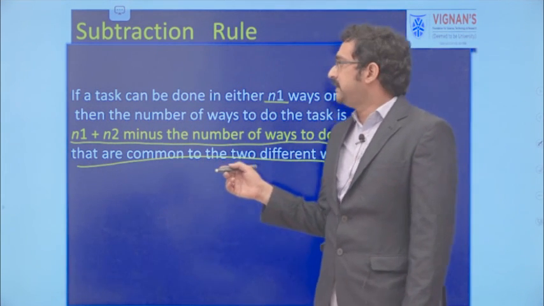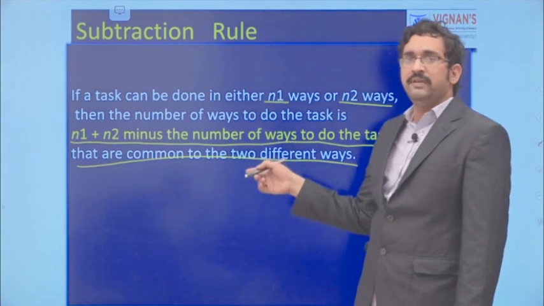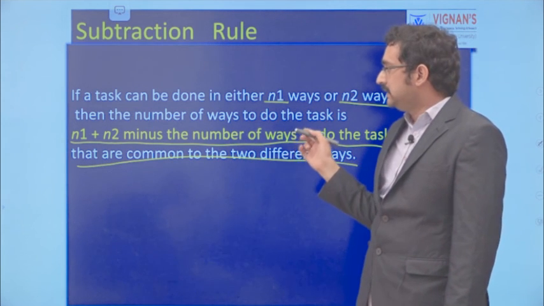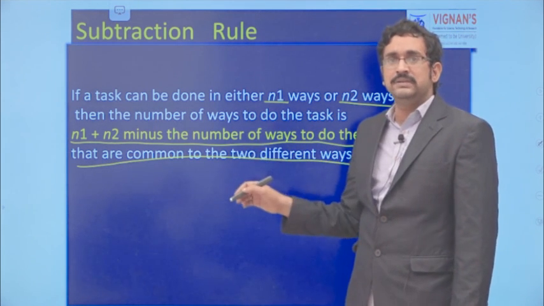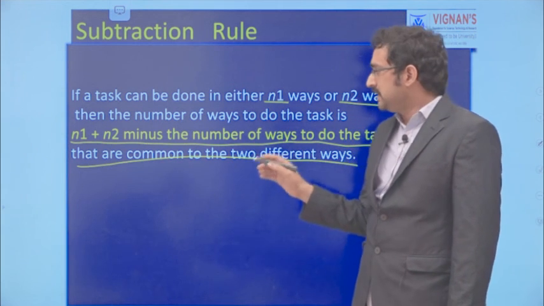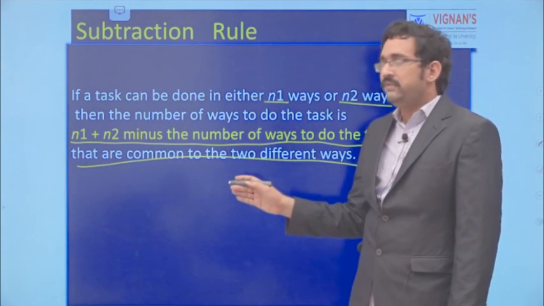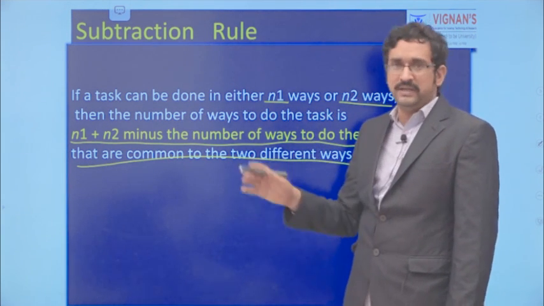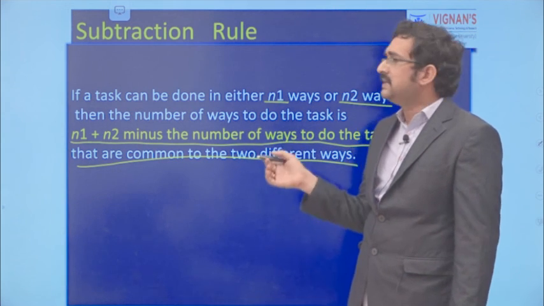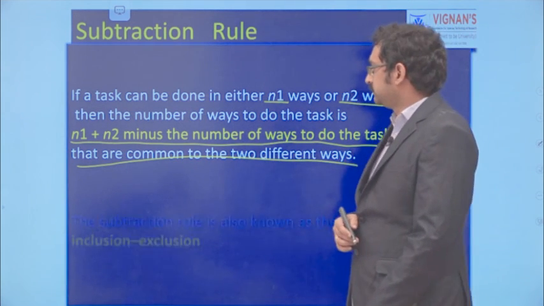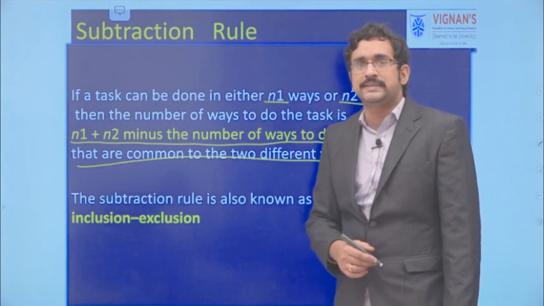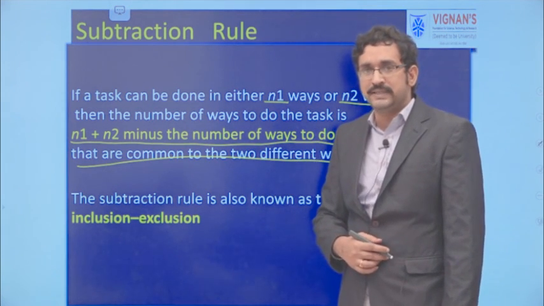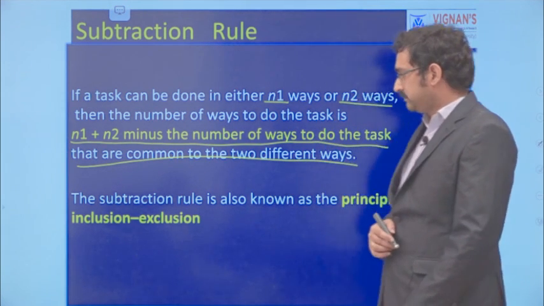So the number of ways will be n1 plus n2 minus the total number of ways which are common to both n1 and n2. That is nothing but the subtraction rule. This subtraction rule is also called the principle of inclusion and exclusion.